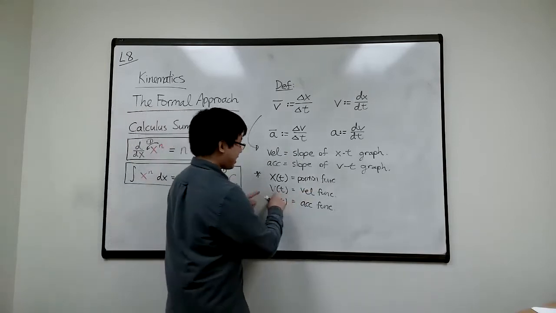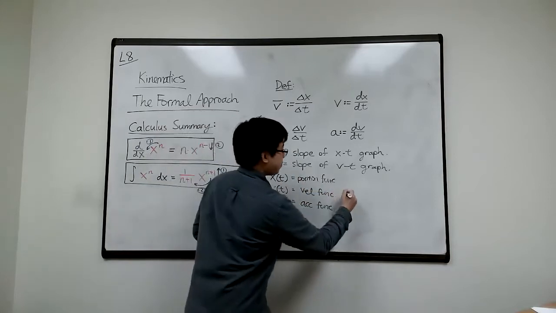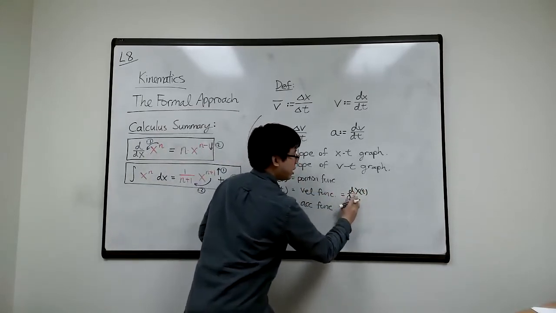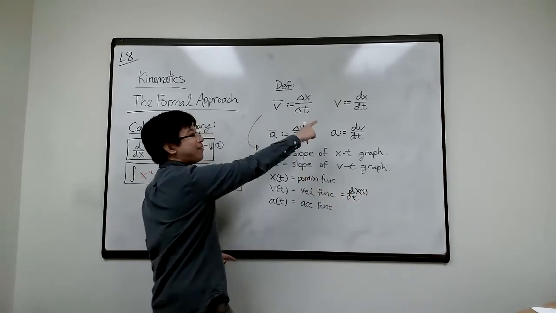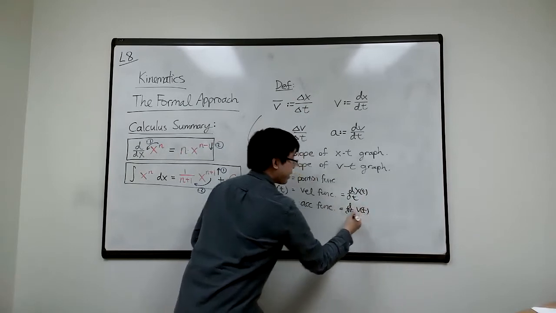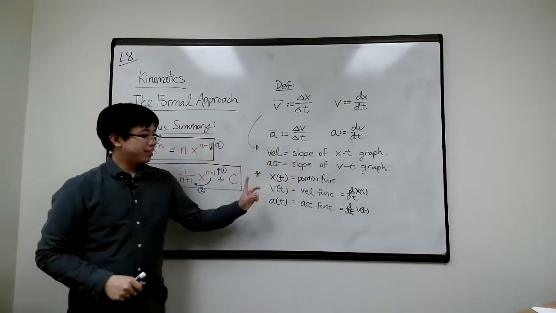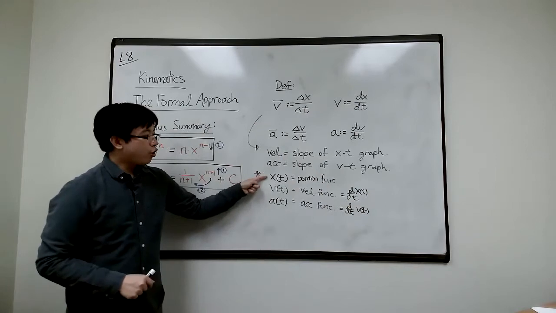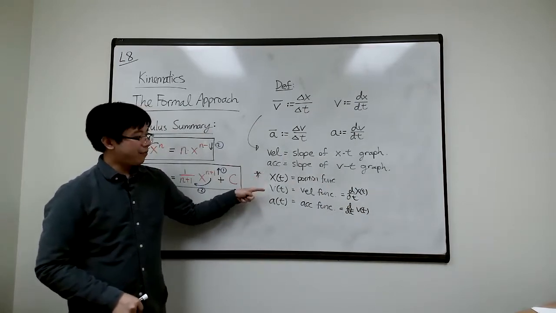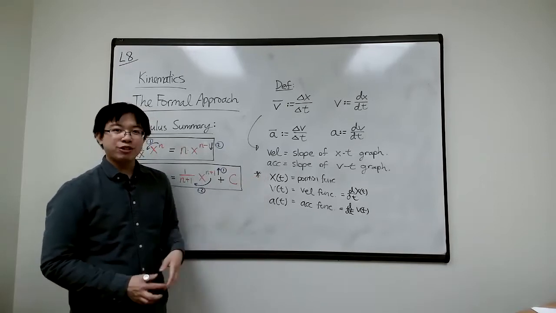And you realize that v is just dx, the x function, with respect to, not x, with respect to time, okay? And this is differentiating the v function with respect to time, okay? So if you know this, I can just do derivatives and then find these two, all right? Or if I know this, I can integrate and find these two, all right?